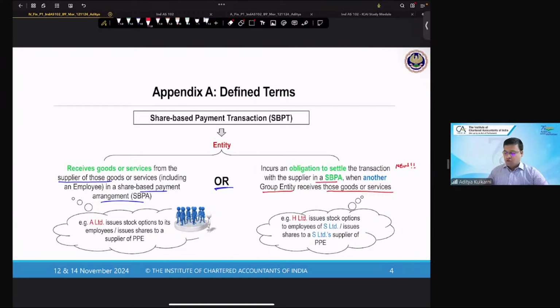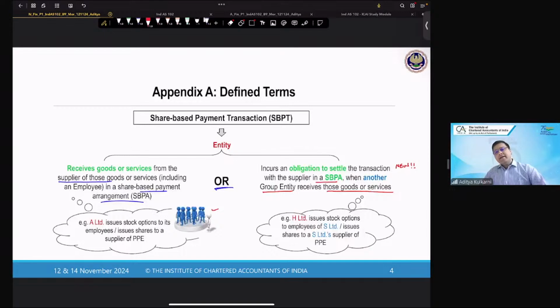Okay. So what are the examples? See, this example is fairly clear. I will not go into this in detail. But what is this one? Let us assume that I have employees of Tata Sons. Tata Sons employees are working for Tata Sons.